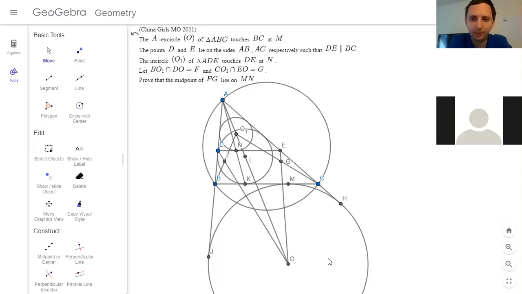So Desargues' doesn't really help us there. Oh, actually, by the converse of Desargues', that means FG is parallel. So I can prove FG is parallel to both DE and BC by the converse of Desargues'. All right.